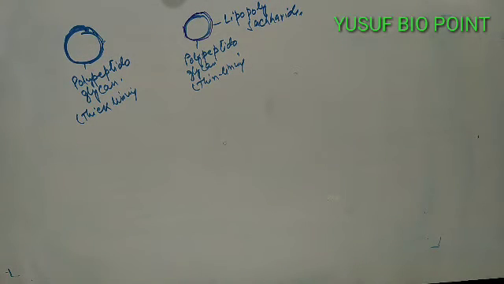So in some there is a thick lining of peptidoglycan, and in some a thin peptidoglycan, and in the thin linings, in addition, there is an extra coating called lipopolysaccharide.